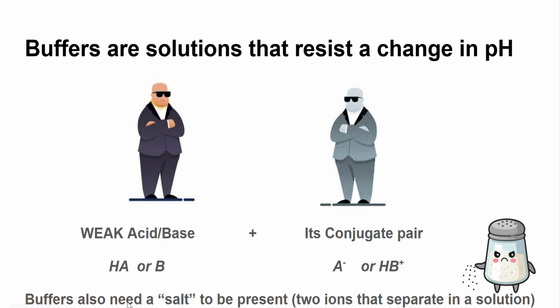Buffers need a salt to be present, so two ions that separate in a solution. So for instance, a positive ion and a negative ion. The AP exam likes to use polyatomic ions. And those polyatomics can be NO3, and then you're like, wait, that's nitrate. Yeah. Or PO4, which is phosphate.